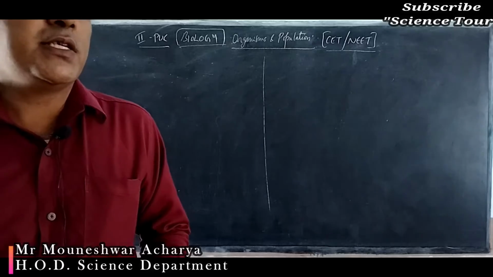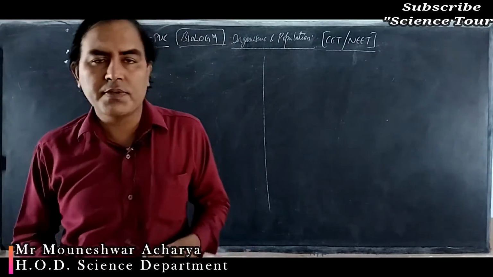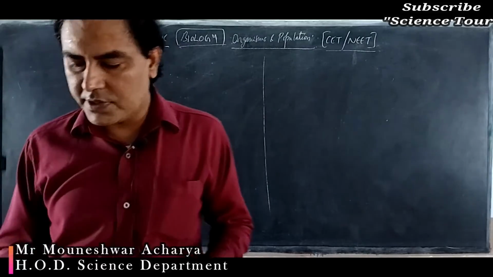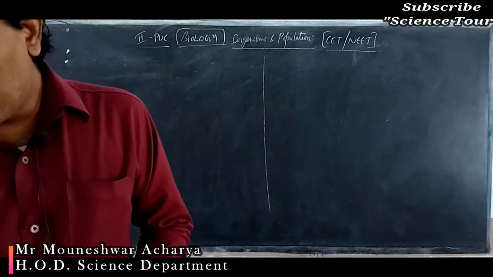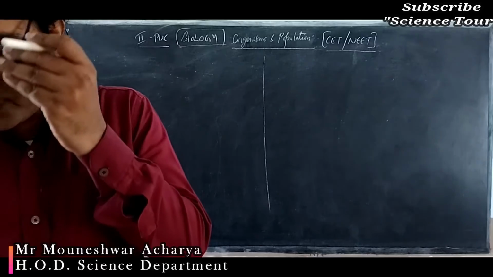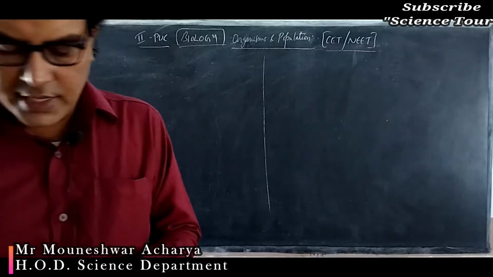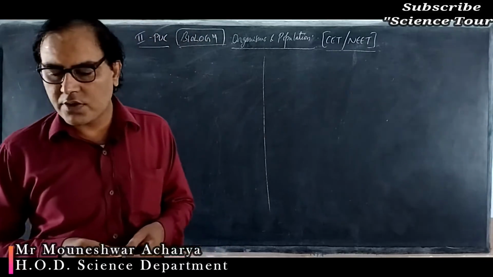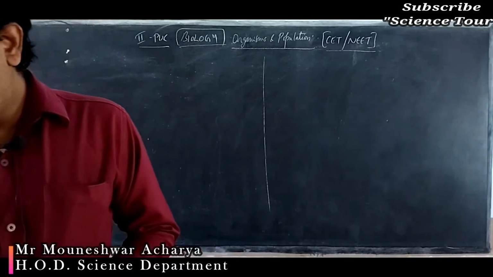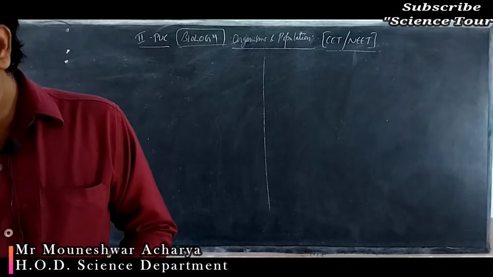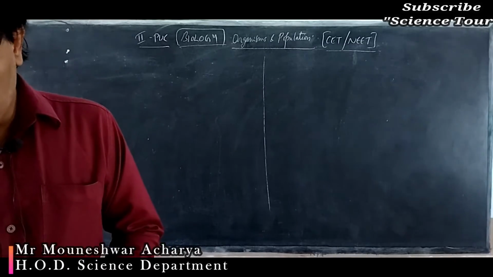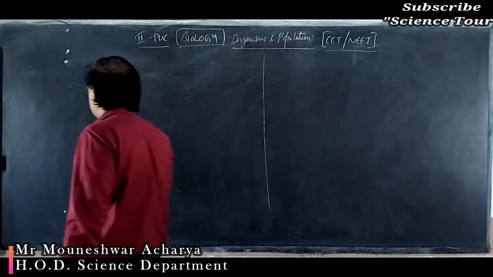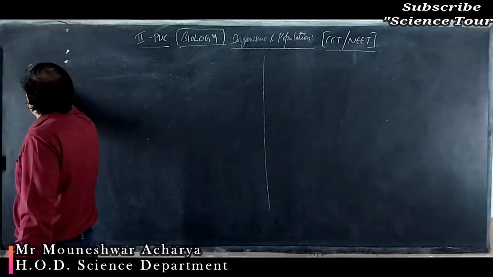In a population there is a group of one particular species, but here there are two or more different species occupying a geographical area in a given interval of time. That means in a particular time. That is called a community. Community is also known as biocoenosis.